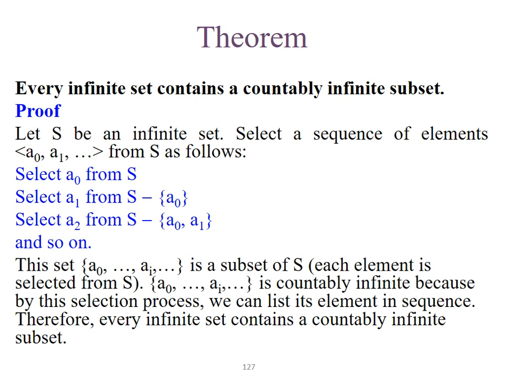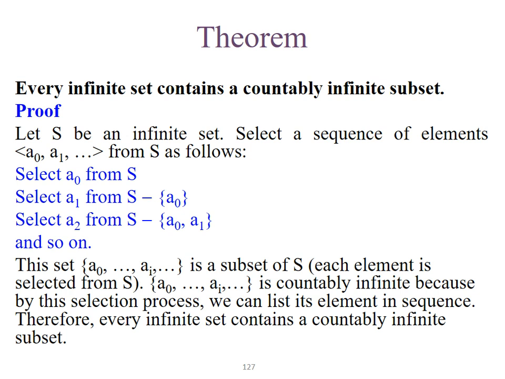Okay, so let's say it's true. If S is an infinite set, then we can select a sequence of elements in this order. For example, for the original set S, we choose A0. This is the first element. And then we choose the second element A1, but we choose from S excluding element A0.